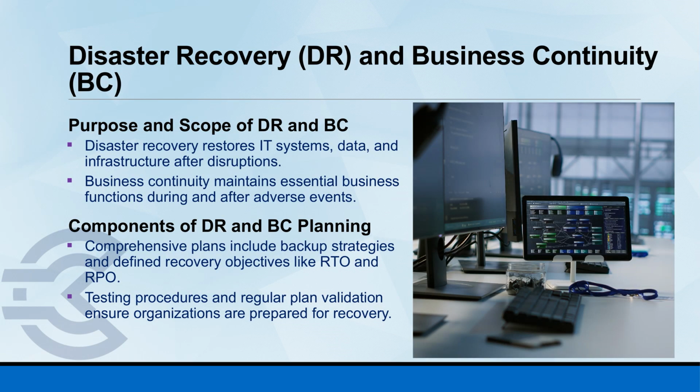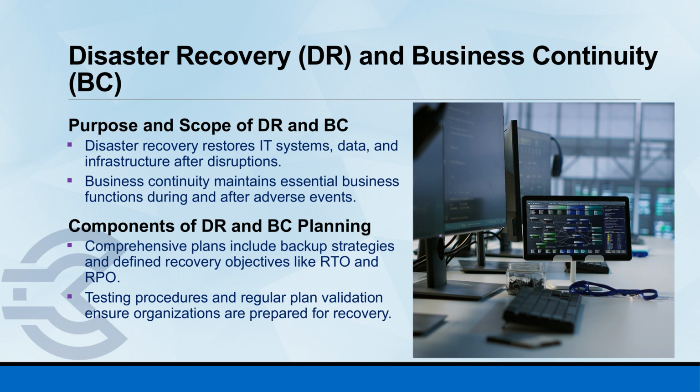We also covered disaster recovery, DR, and business continuity, BC, operations, two critical components of security operations that help ensure that an organization can continue to function in the face of disruptions. Disaster recovery focuses on the restoration of IT systems, data, and infrastructure after a disaster, while business continuity encompasses the broader scope of maintaining essential business functions during and after a disruption.